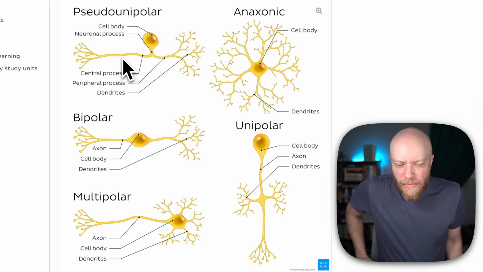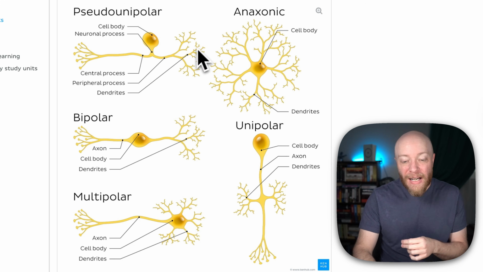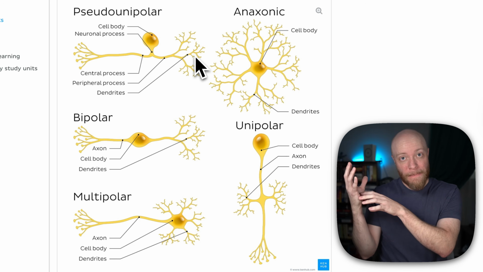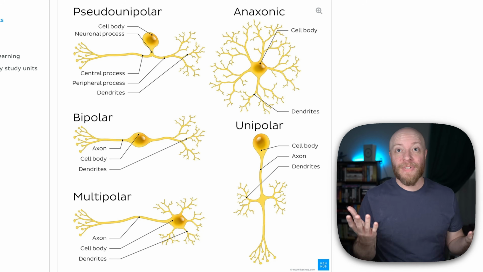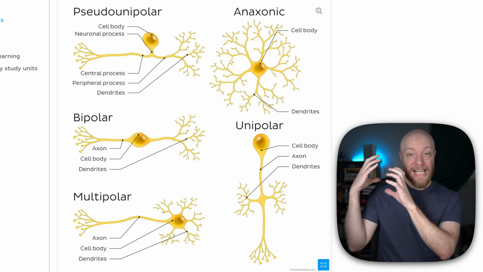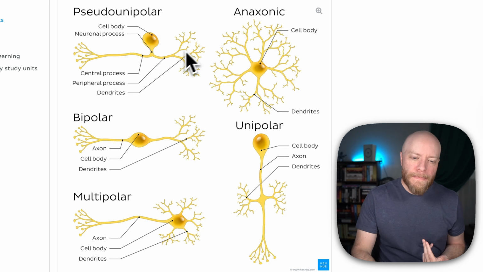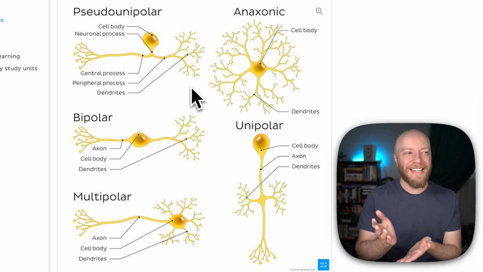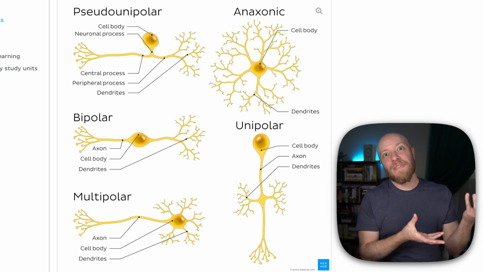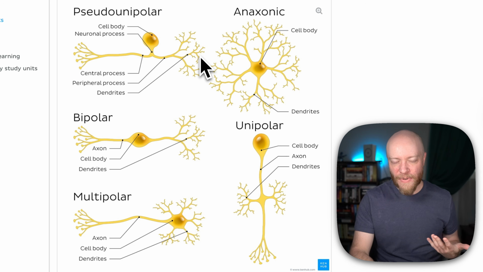To make things as simple as possible, we've gone ahead and labeled this as a dendrite because this can have incoming information going to it, and that's what dendrites are for. Remember, dendrites are incoming information, axons are outgoing information. This is built like an axon, though. So it's an axon that receives information, and that can be confusing to people. So thinking about it as a dendrite is also very useful.